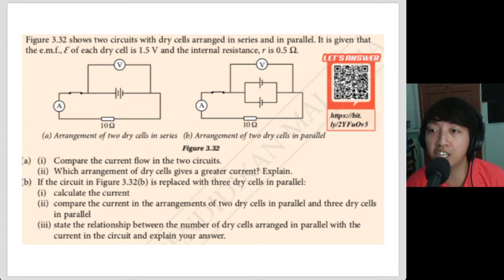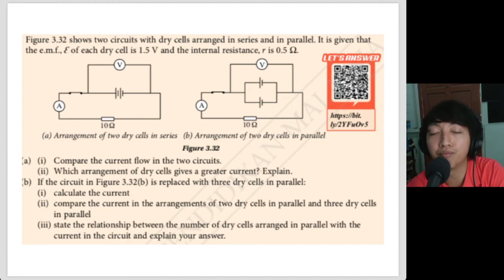Now, since V equals IR, semakin tinggi dia punya voltan, semakin tinggi juga dia punya current. So, even with the higher resistance, the higher voltage makes up for it. So you still end up with a total higher current, even though the resistance also goes up.